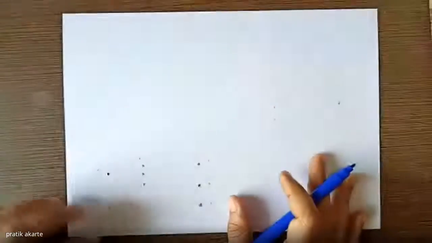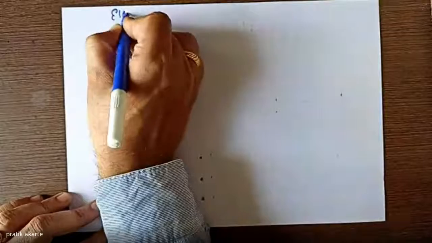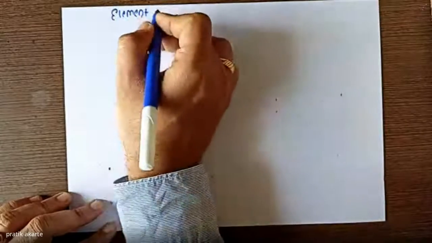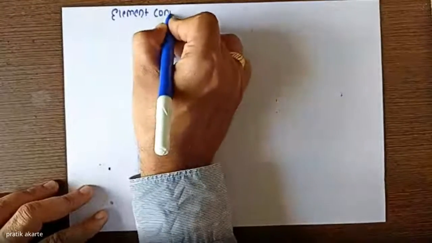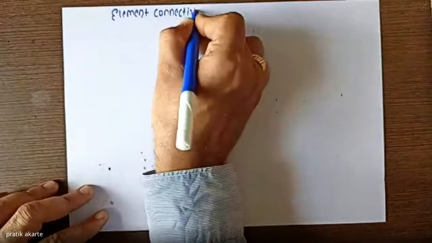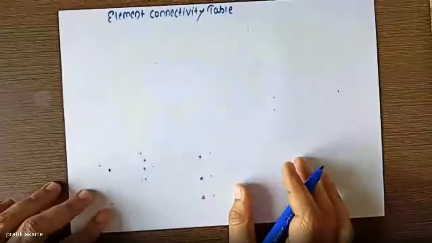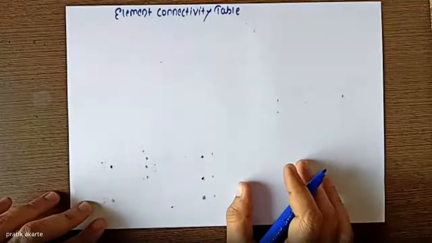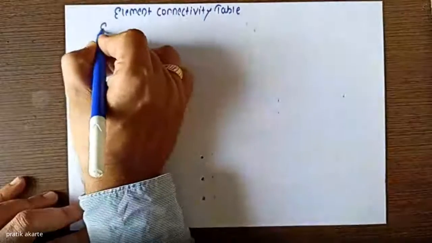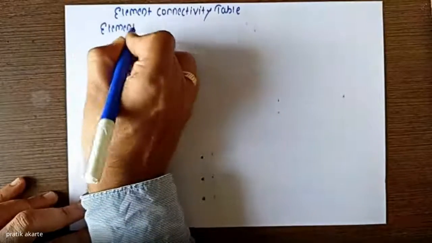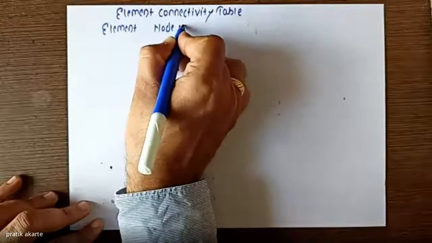Okay, so after this we'll create the element connectivity table, which is again the important part of your problem. In the previous type of problems, the element connectivity table is a straightforward thing. The relationships are in sequence, but here, since the springs are arranged in the cluster form, it is a little bit tedious to construct the element connectivity table.